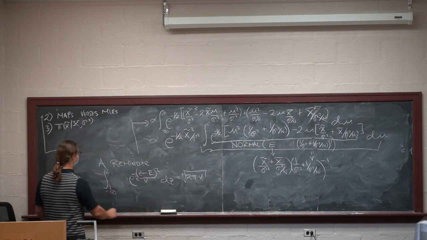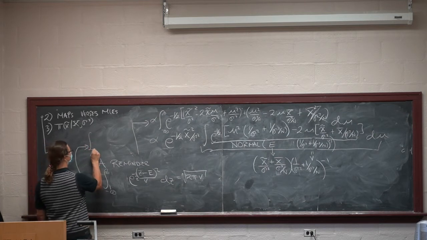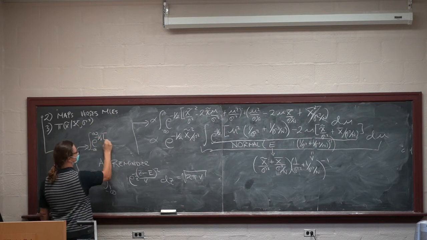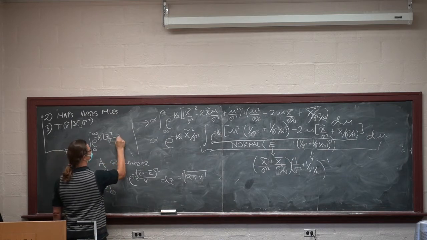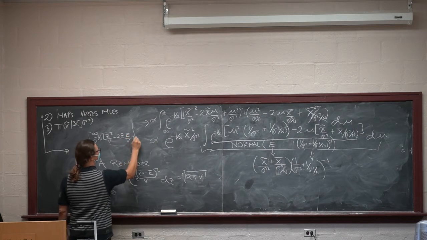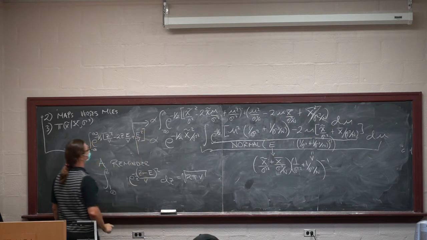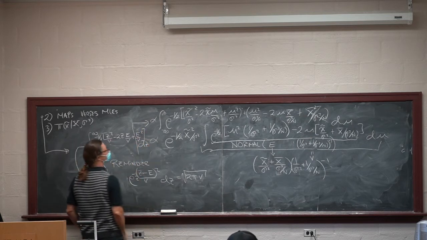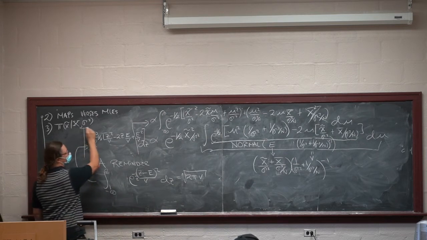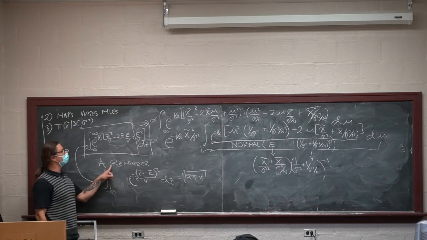And so, I'm going to rewrite this just as the integral from negative infinity to infinity of e to the minus 1/2 (z squared over b minus 2z e over b plus e squared over b) dz. So that's the exact same thing.